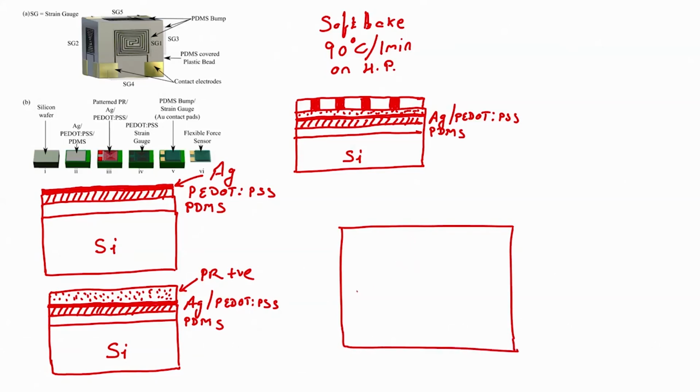On the pattern, there should be an alignment mark. I will talk about the alignment mark sometime. What is the importance of the alignment mark? We have already talked about it, I think, in the section on photolithography. So, there is an alignment mark, and here we will have our strain gauge. In this case, our strain gauge was something like this.